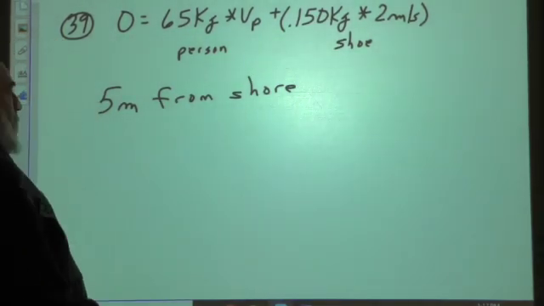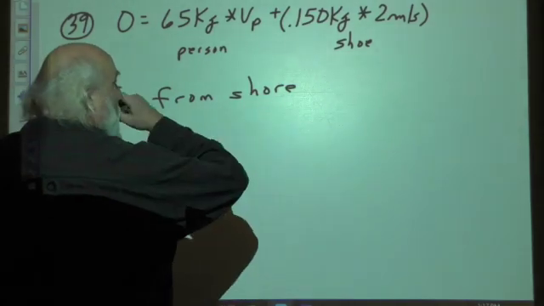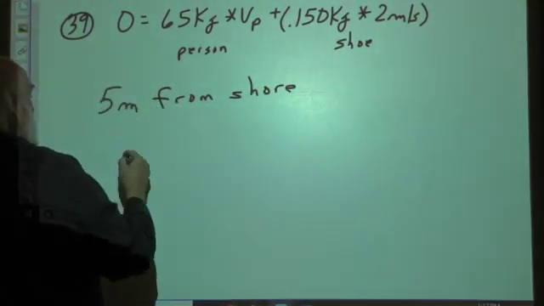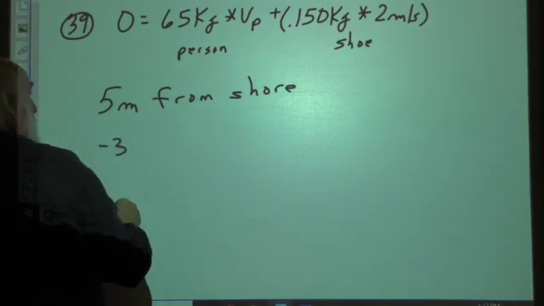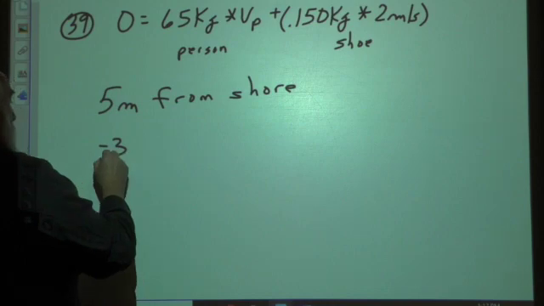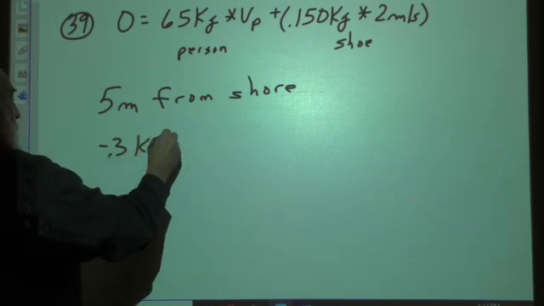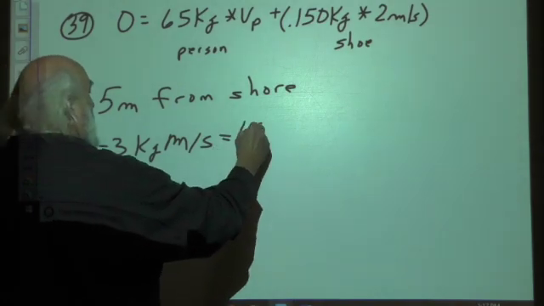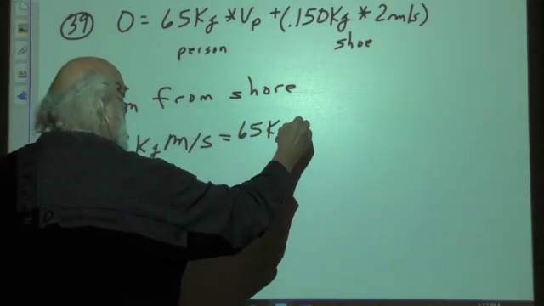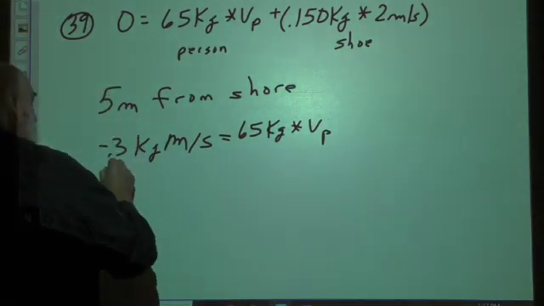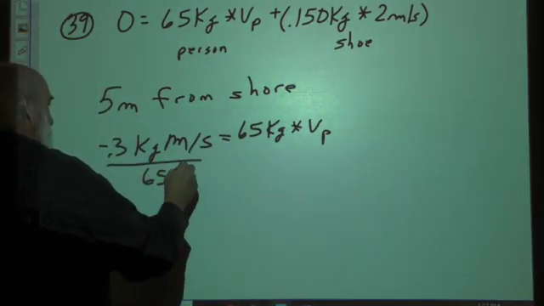So anyway, we go through the calculations here. This becomes 0.3 kilogram meters per second. Subtract it to negative 0.3 kilogram meters per second equal to 65 kilograms times the velocity of the person. All right, so we divide this by 65 kilograms.